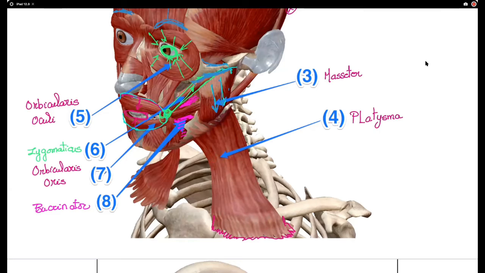So that's why you don't need a bulky muscle on here. It performs a very minimal effort. But another action performed by the platysma is that it stretches the skin of the neck, and this will be a feature of expressing horror and fright.